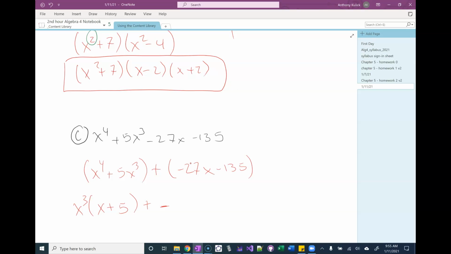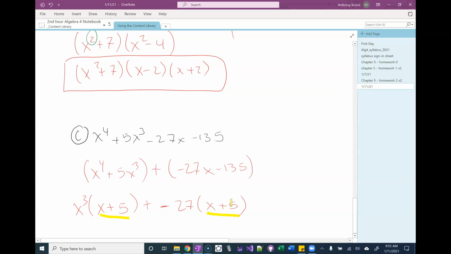I would start with the biggest one first, because if it's divisible by 27, then we're done, right? So is 135 divisible by 27? Yes. And the quotient when we get that is 5. 135 divided by 27 is just 5. So to check whether it's factorable by grouping, that part has to be the same.